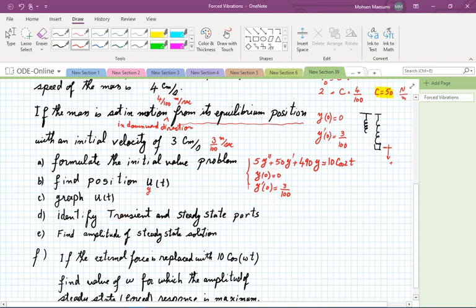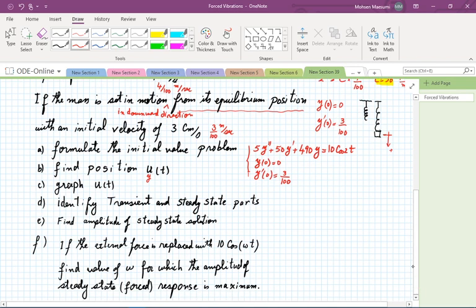Okay, before we dive into all that detail, let's get a handle on the problem before we are lost in all the algebra. So we are going to graph this thing. What are we going to see in the graph? There's going to be a transient part and a steady state part. What does that mean? Transient part is a solution of this thing without the right-hand side.